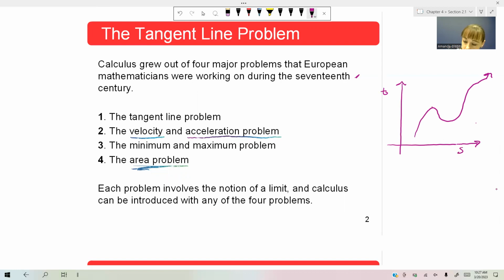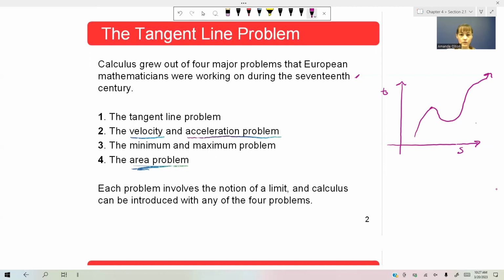So for instance, if I was going to drive from Omaha, Nebraska, where I'm placed right now, to Sioux Falls, South Dakota, I'm not going to go in a straight line, and I'm not going to go at a constant speed. I'll walk from the building, get in a car, and in that car I'm going to alternate speeds as I go.